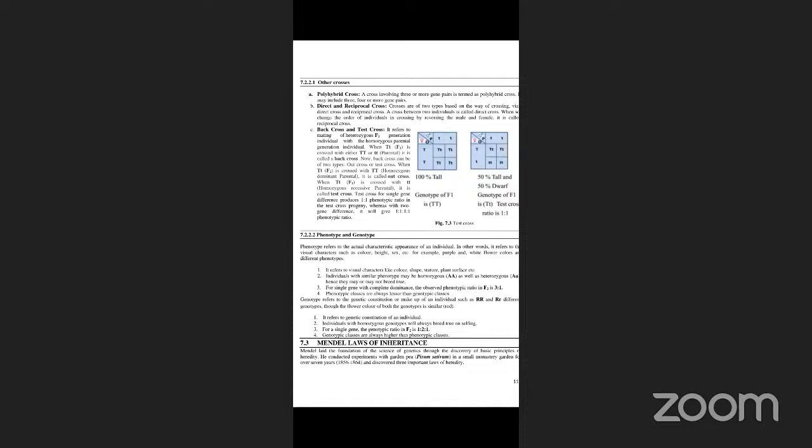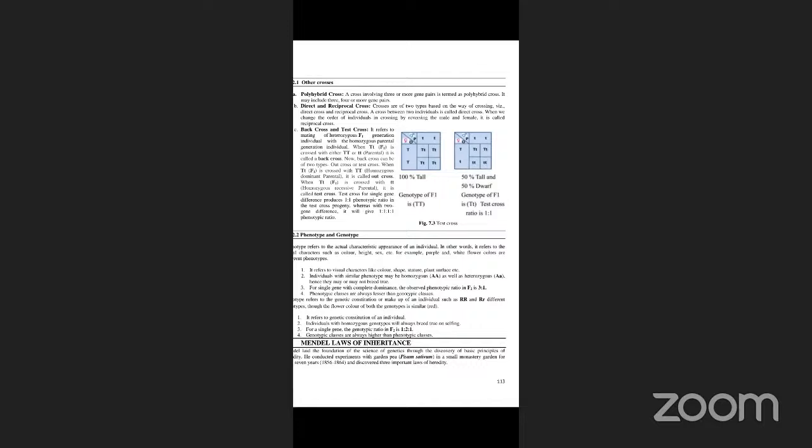It refers to the visual characters like color, shape, stature, plant surface, etc. Individuals with a similar phenotype may be homozygous or heterozygous, because homozygous dominant definitely gives the dominant character, and heterozygous also, although the recessive allele is present, the dominant allele will express itself, masking the expression of the recessive allele. So the person may have either a homozygous dominant or a heterozygous genotype.